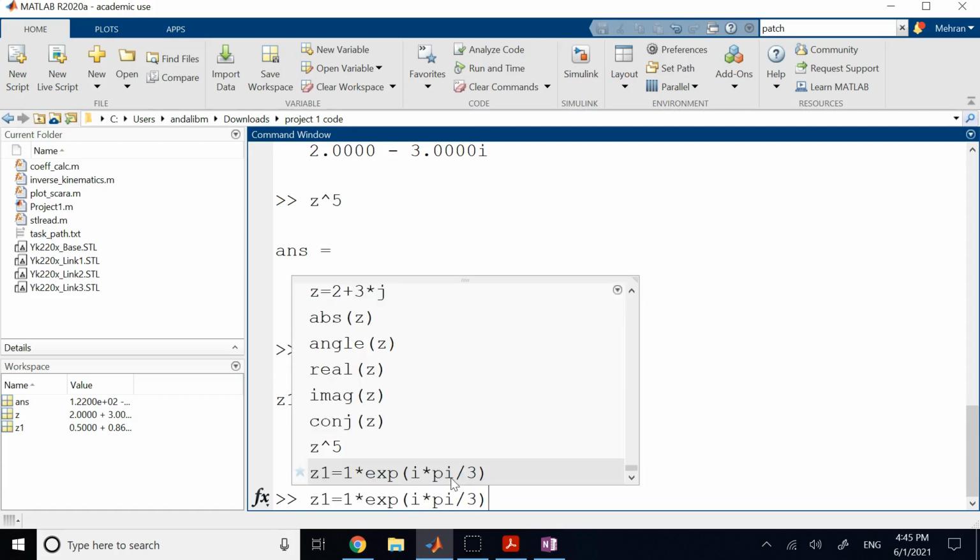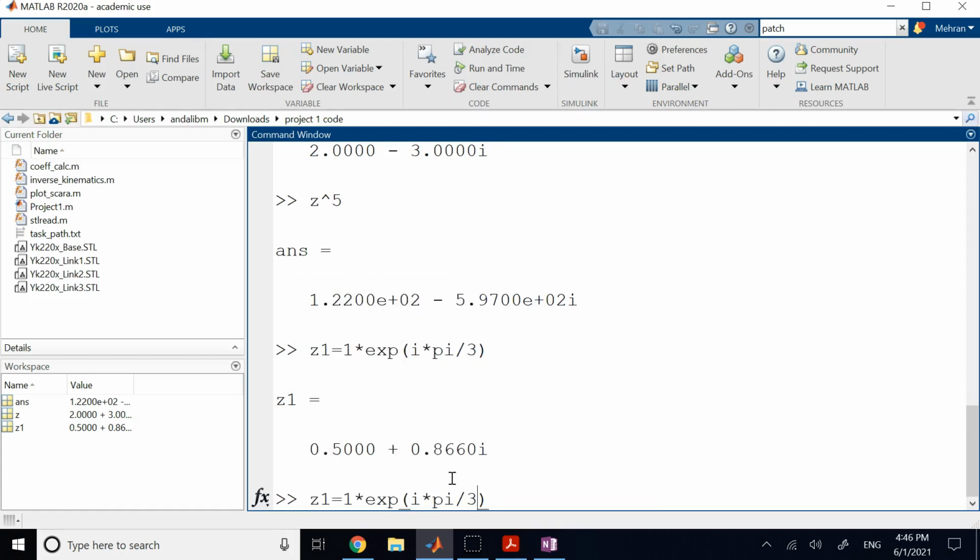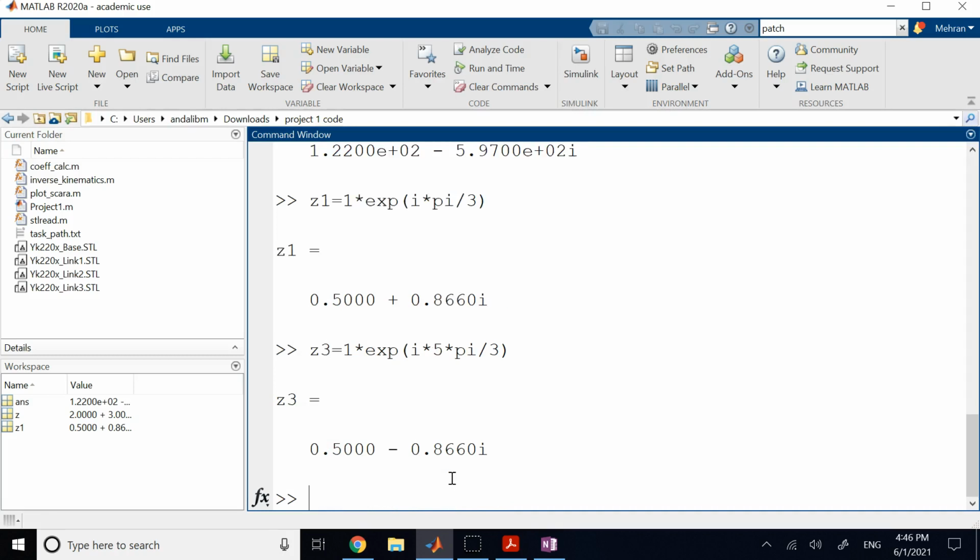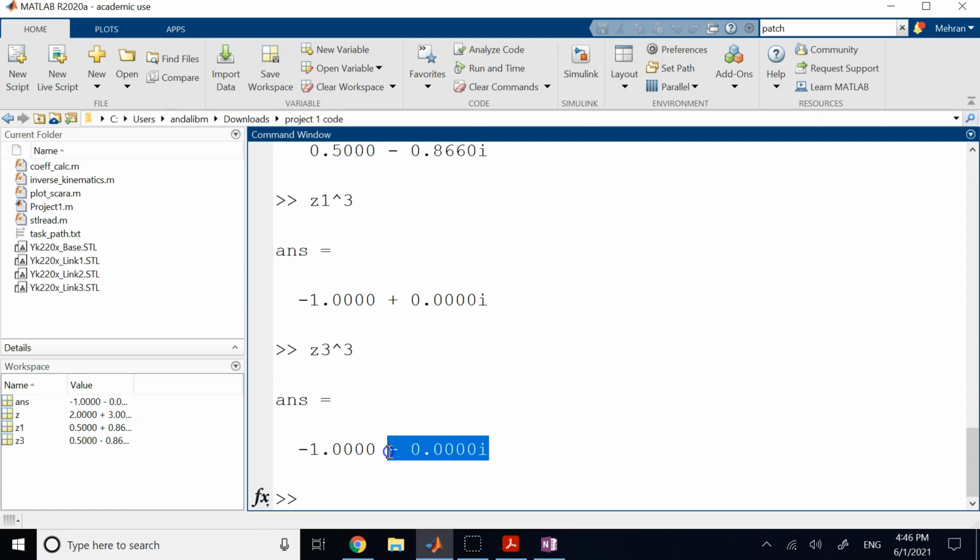The other one is z2 equal to -1, which is obvious. z3 is this guy times 5 pi over 3, which is like the complex conjugate of the original one. And now, if I say z1 to the power 3, look, it's -1. If I say z3 to the power 3, it is also what? Negative 1. Pay attention that the imaginary part is 0.